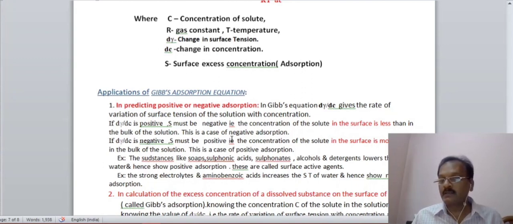The concentration of the solute on the surface is more than in the bulk of the solution, and this is called positive adsorption. Here the concentration of solute tells everything. In negative adsorption, the concentration of solute on the surface is less. In positive adsorption, the concentration of solute on the surface is more. Because of these differences in the concentration of solute on the surface and in the bulk of the solution, the surface tension of a liquid or a solvent changes.